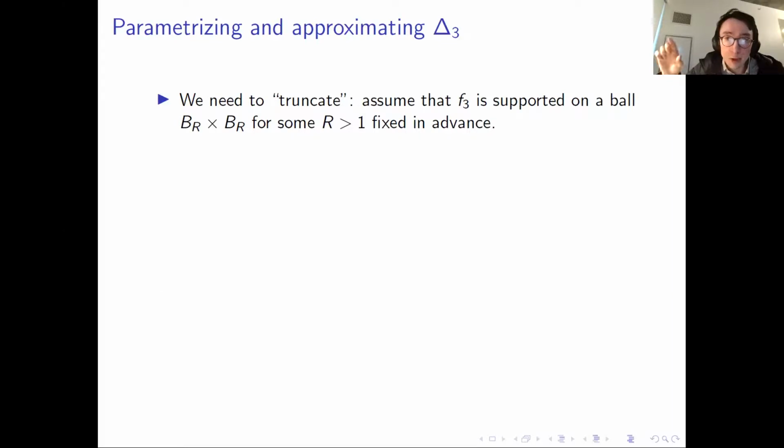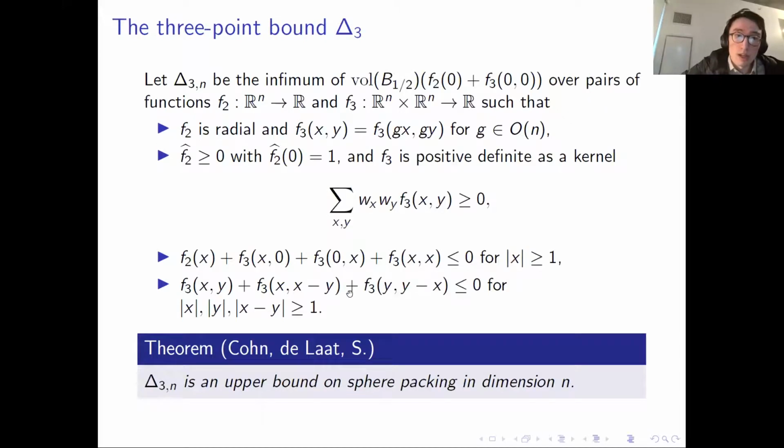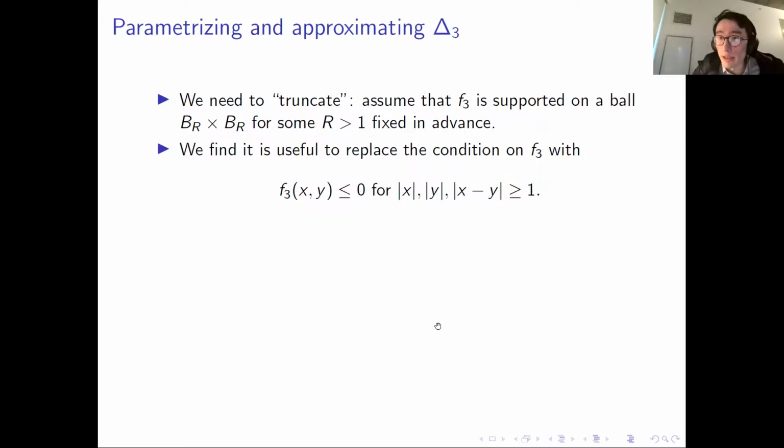So we need to fix some truncation radius capital R in advance. And we're also going to find it useful to replace the condition on F3 with this simpler condition. That is, all the terms in this sum on this line have to be non-negative now. We're going to impose that a priori stronger condition.